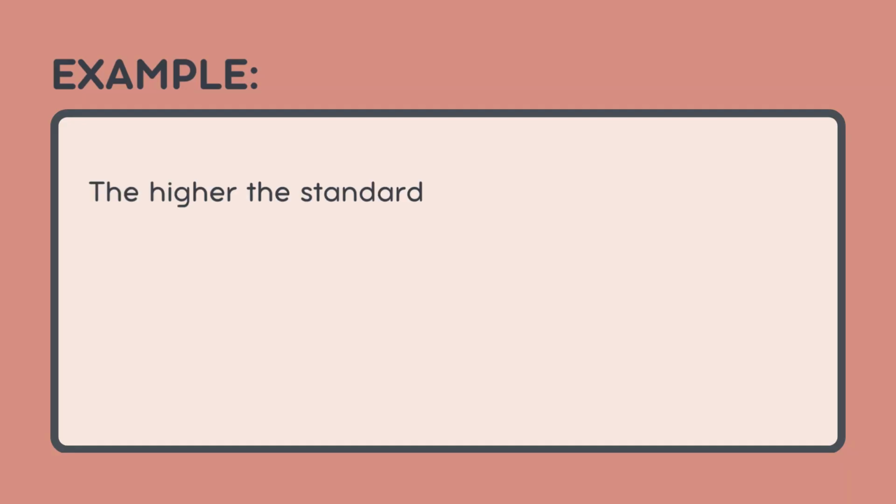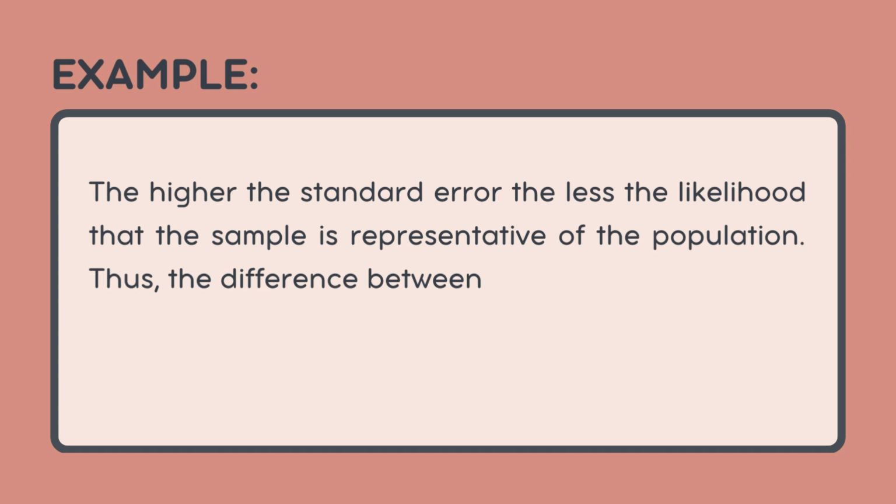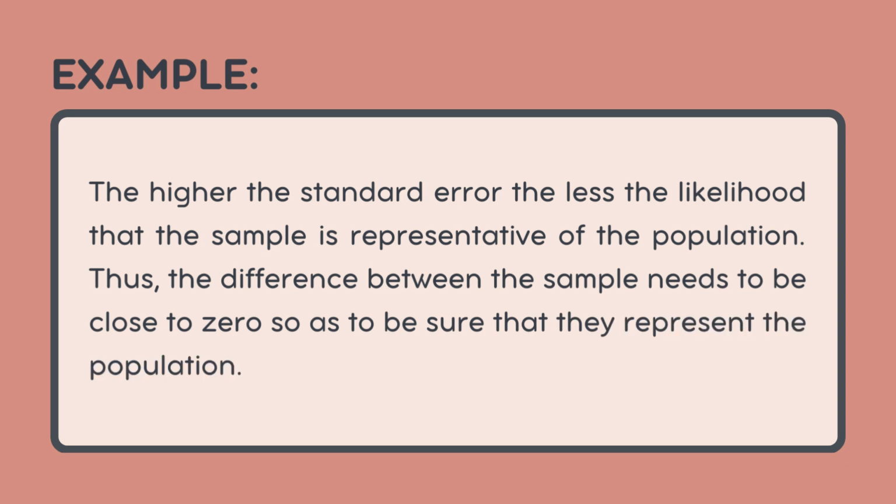The higher the standard error, the less the likelihood that the sample is representative of the population. Thus the difference between the samples needs to be 0, so as to be sure that they represent the population.